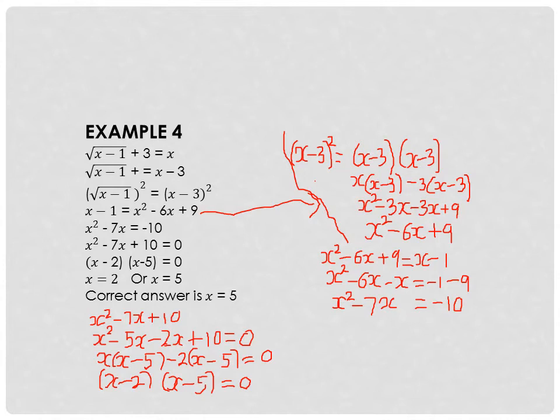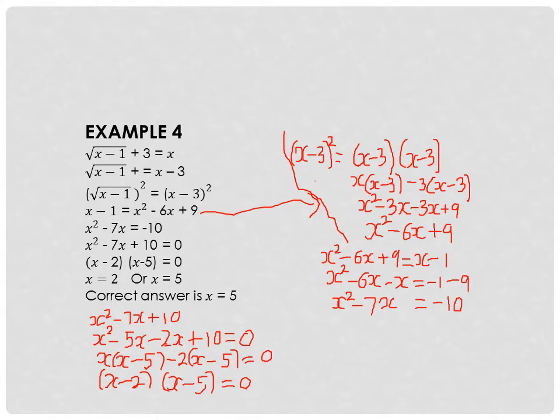So hence we have negative 1 minus 9. So like terms, negative 6x minus x will give us minus 7x. Notice there we have negative x. The coefficient of that x is minus 1. So negative 6 minus 1 will give us negative 7. So hence we have x to the power 2 minus 7x is equal to negative 10.